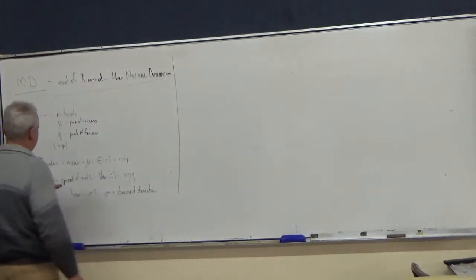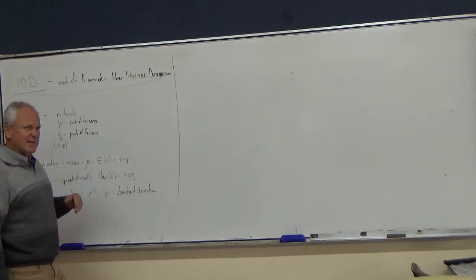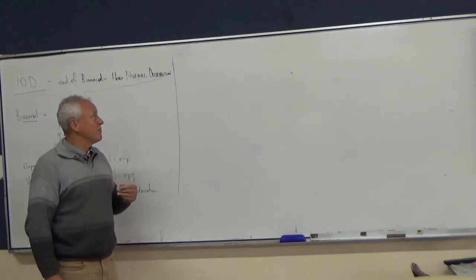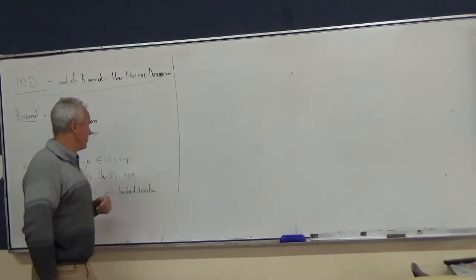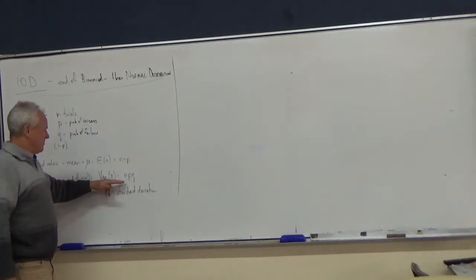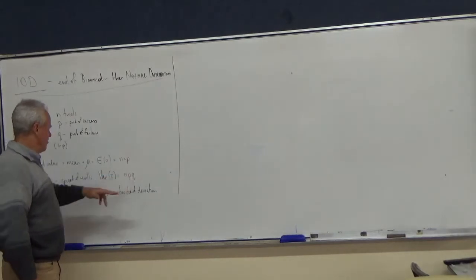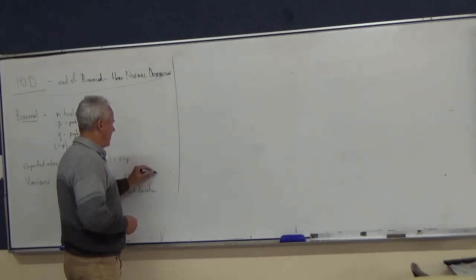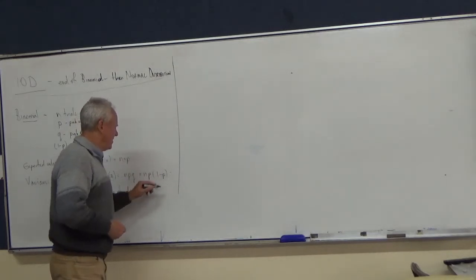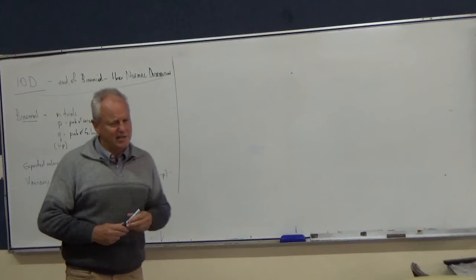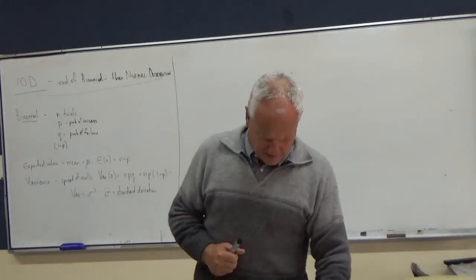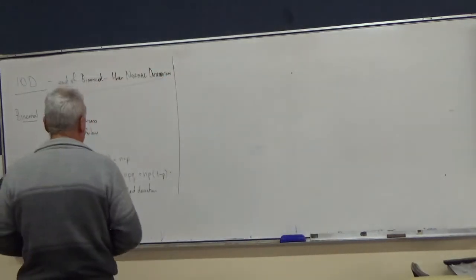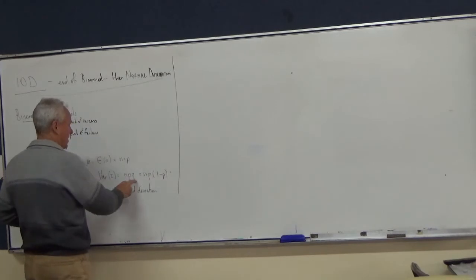The variance is the spread of the results, and that becomes more important when we move on to the normal distribution shortly. So the variance is defined as n times p times q, or n times p times 1 minus p. I think the book shows it like that. I always see that as npq. They show it as np(1 minus p), and that's fine, but that's the same as npq.